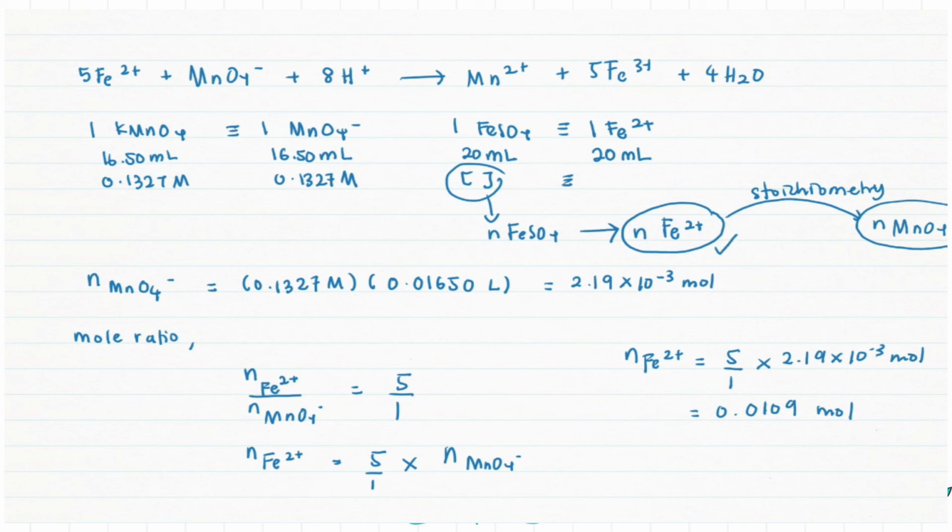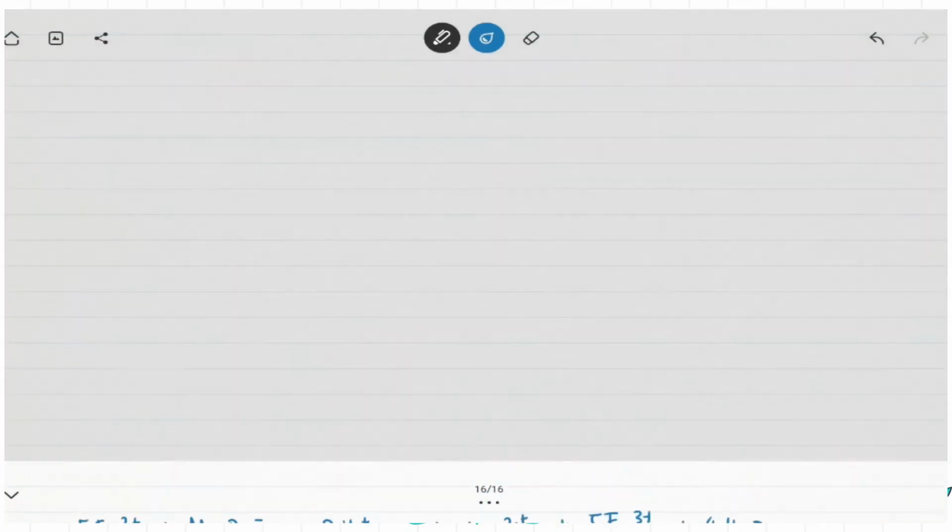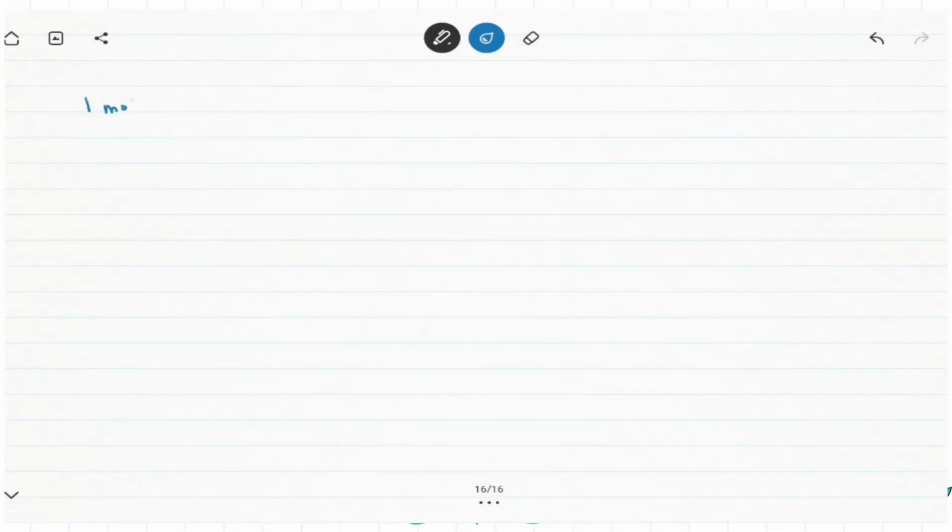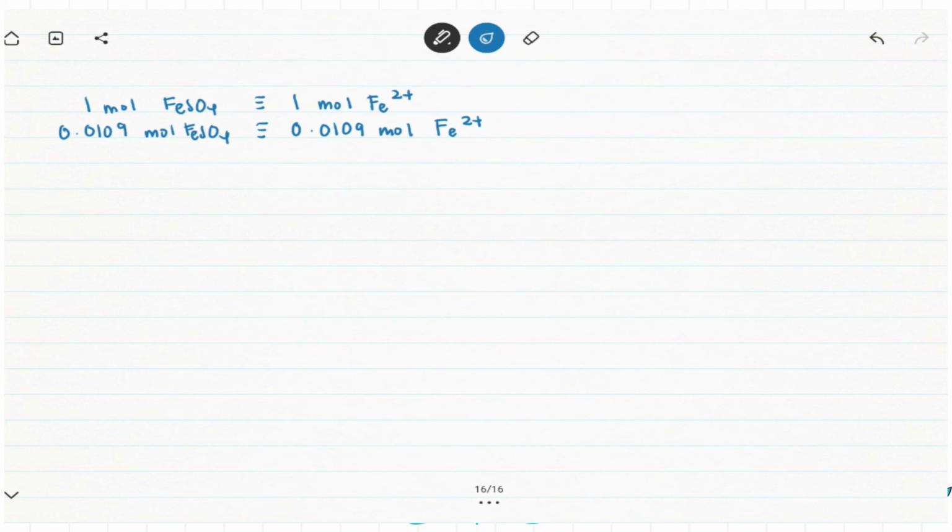Now we have calculated the mole of Fe2+. We know that 1 mole of FeSO4 contains 1 mole of Fe2+. So if I have 0.0109 mole Fe2+, therefore mole of FeSO4 is also 0.0109 mole. The volume of FeSO4 is given as 20 ml.